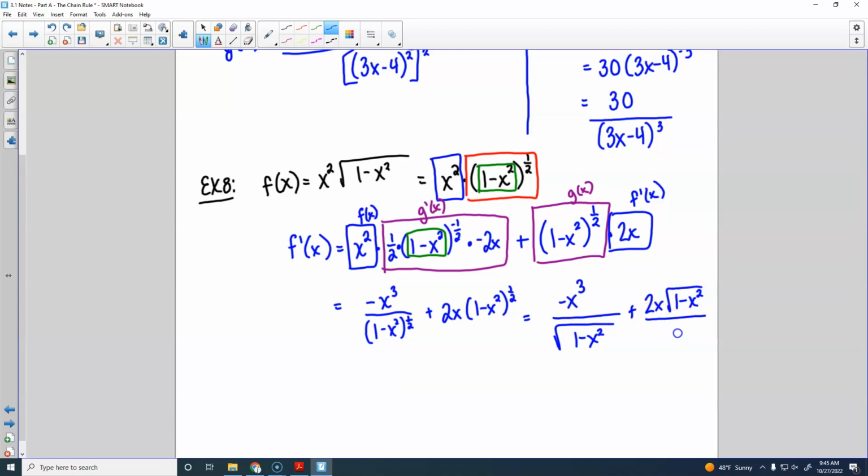So I'm going to put this over 1 right here because right now it does not have a denominator, so its denominator is 1. They usually are going to get common denominators here. So if they do that, then that means we would need to multiply this by square root of 1 minus x squared on top and bottom.